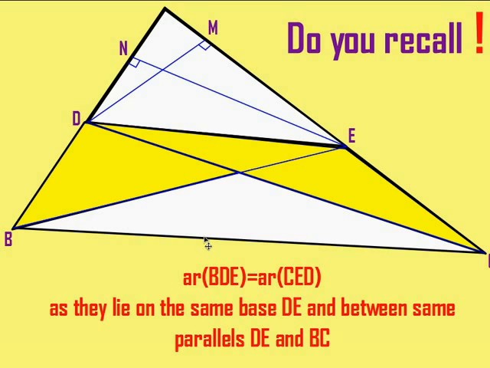So we studied that when two triangles lie on the same base and between the same set of parallels, then they have an equal area.